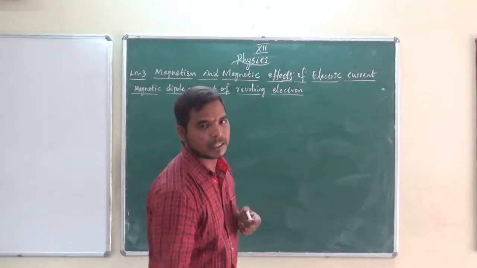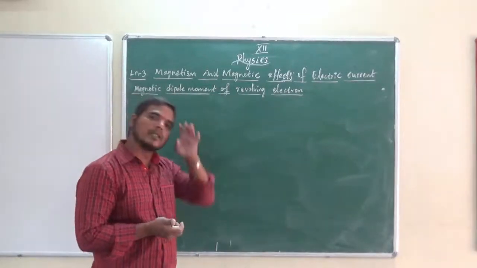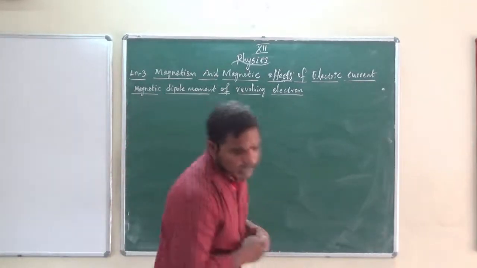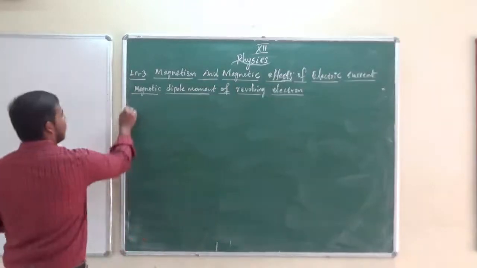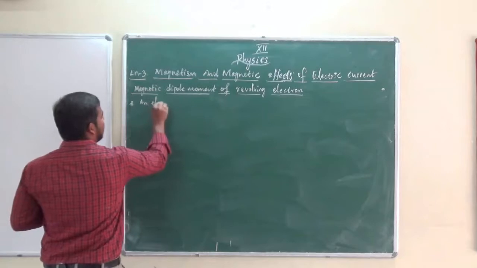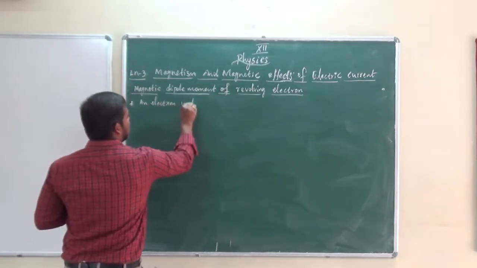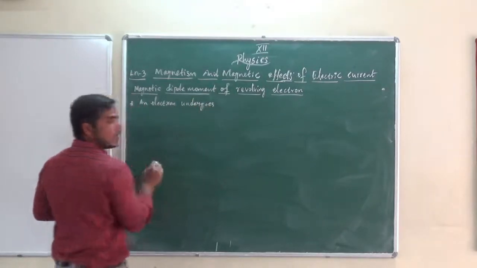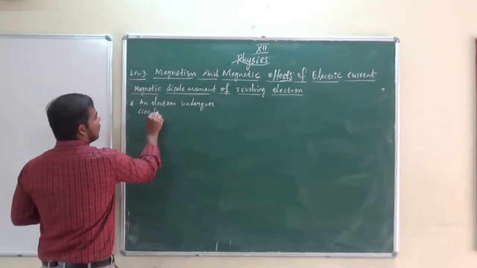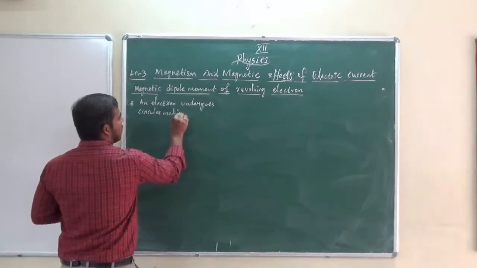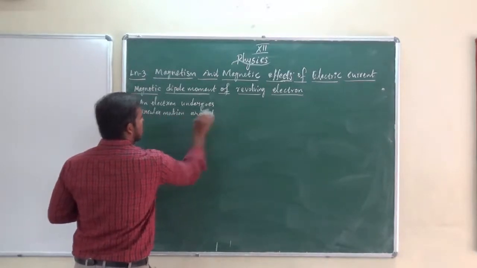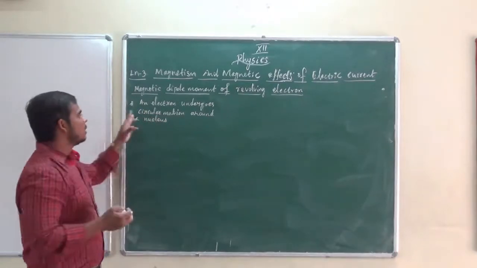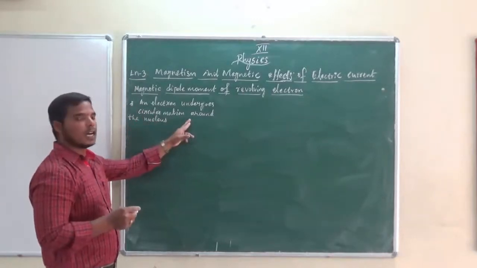In our previous chapter, current electricity, we have discussed this. Suppose an electron undergoes circular motion around the nucleus.